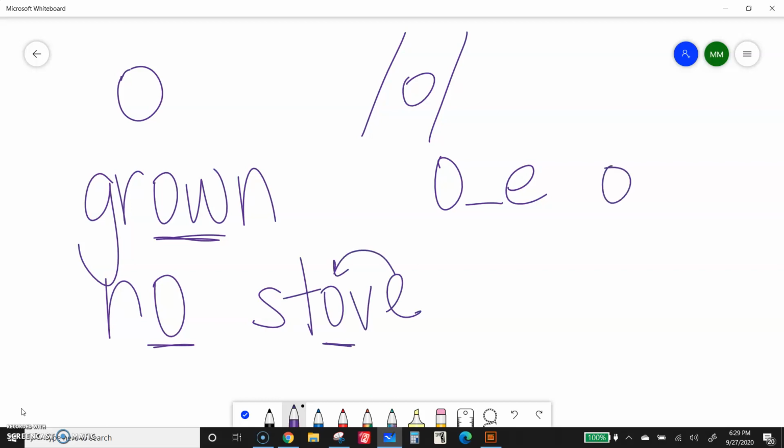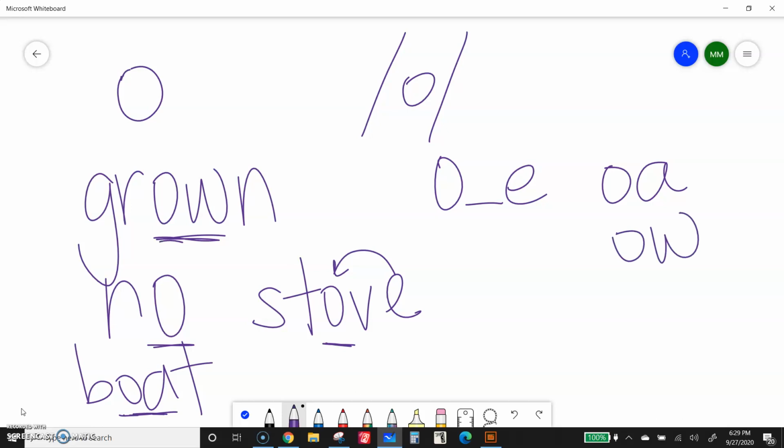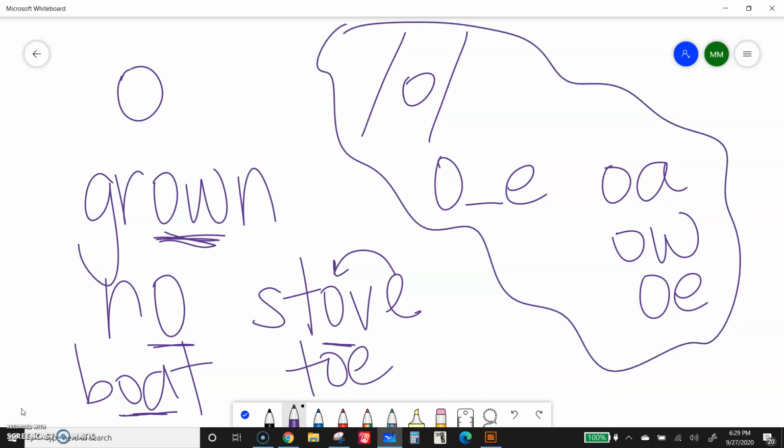We can get OA, as in boat. I went out on the boat. Has a long O sound. OW, like I showed with the word grown. Or OE, like my toe hurts. Those are the different ways we see the long O pattern. So again, when you're looking to match, you'll see them all just listed together. You won't have to pick out which long O, but just recognize that's what those symbols mean.